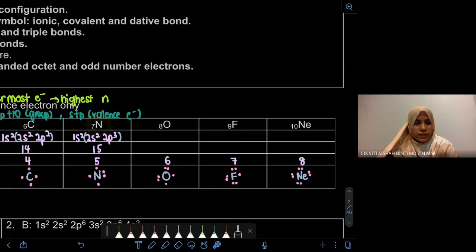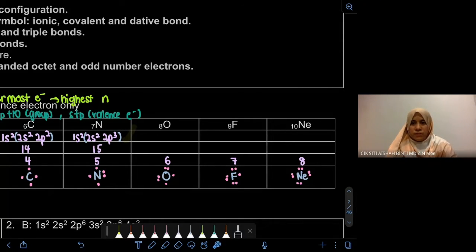You think since the number of protons of nitrogen is 7, you assume there are 7 valence electrons. Actually no, there are only 5 valence electrons. How do you know it has 5? That is why you have to write down the electronic configuration.